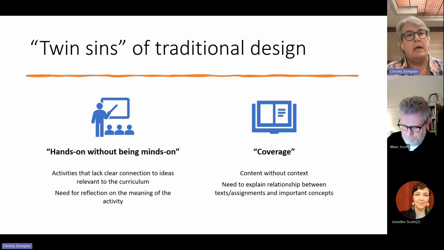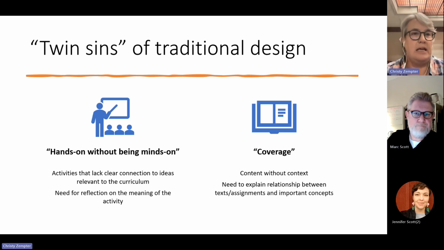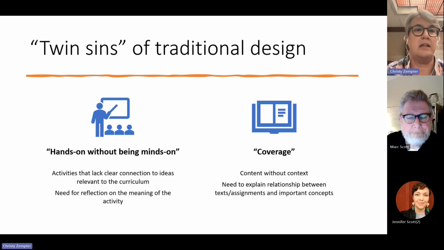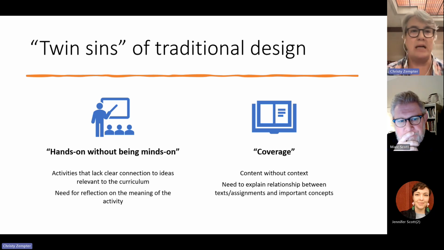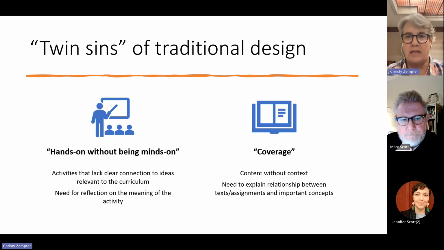So the authors talk about this idea of curriculum being hands-on without being minds-on. So the process of developing activities without not just you and your mind having a clear connection between what this activity means in the context of your overall learning outcomes, but you being able to explain that and convey that information to students.